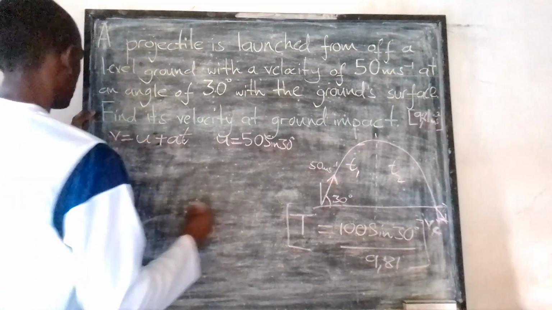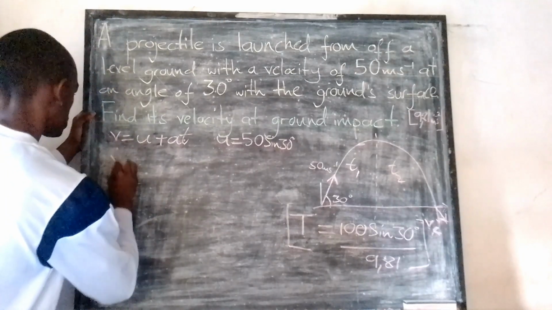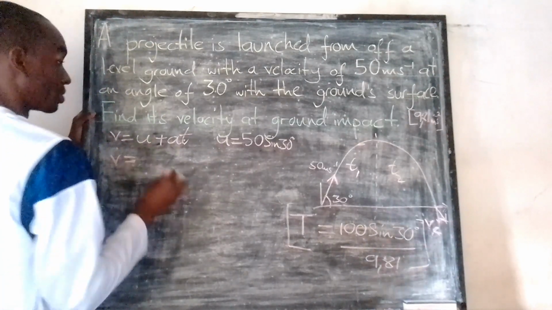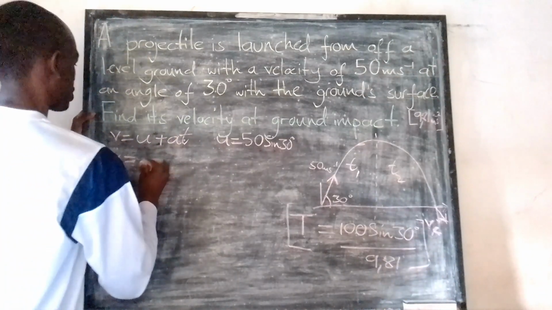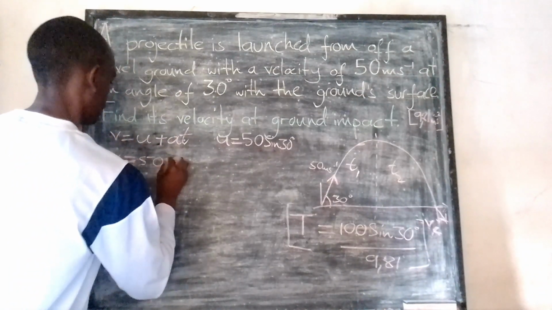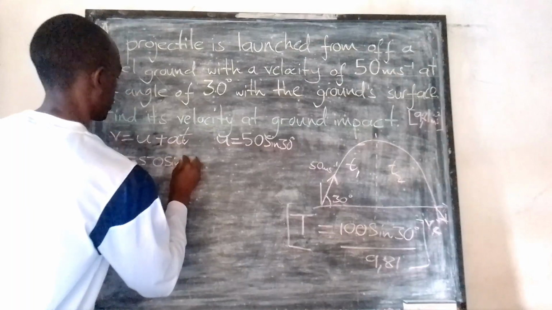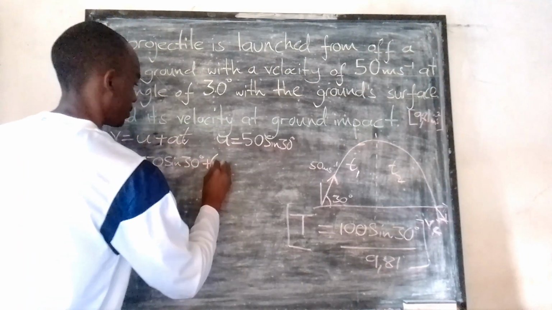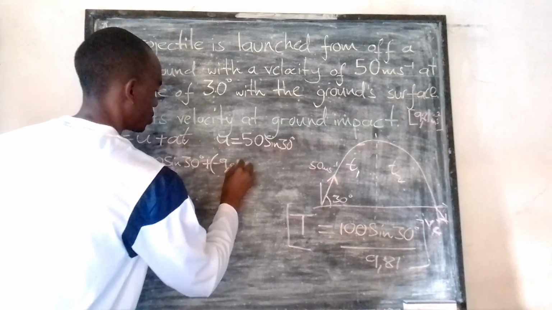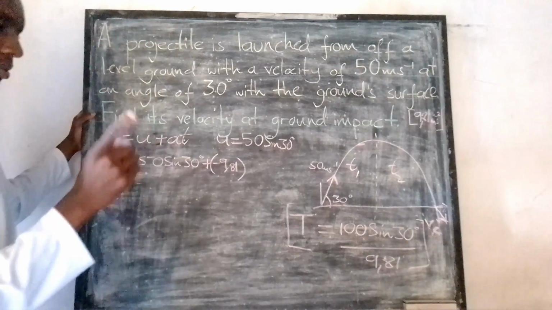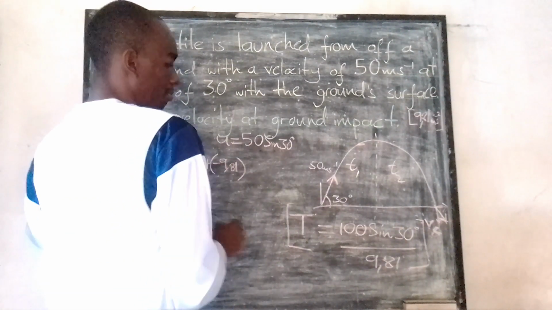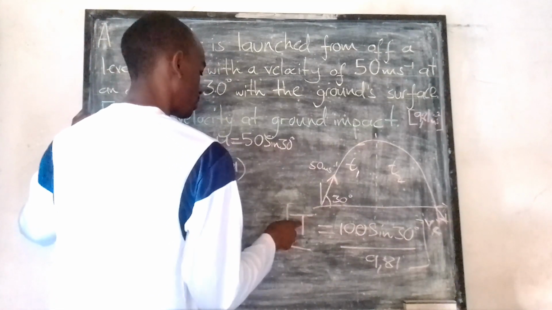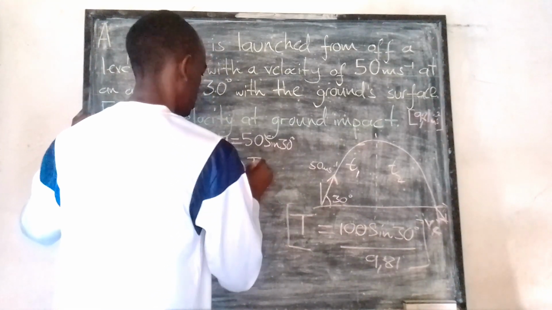So how do we calculate our final vertical component of velocity? So we've got v. The initial is still the same since we're using the time of flight in this case. So the initial is 50 sine 30 degrees plus minus 9.81 times the time, but the time we're using in this case is this. I'm not going to write this entire thing over here. I'm just going to put a t.